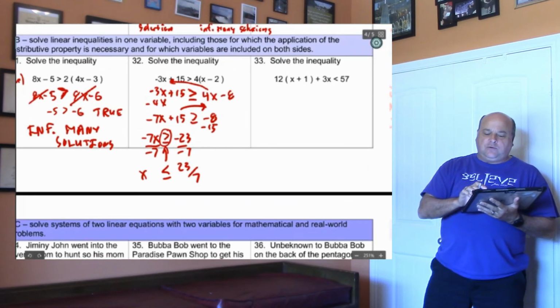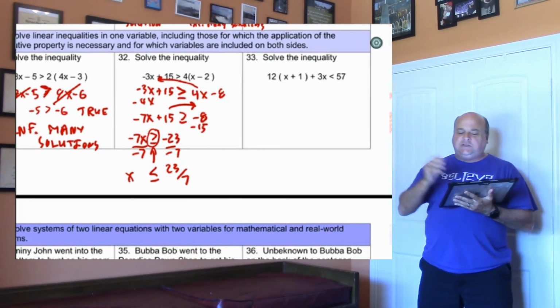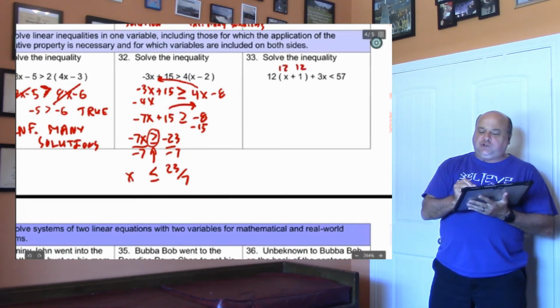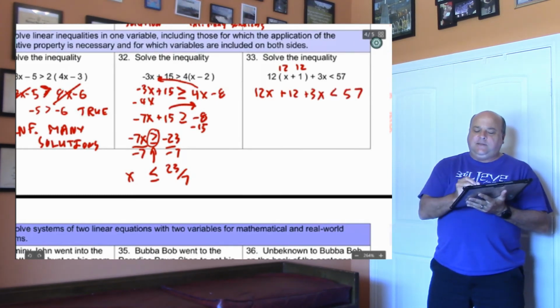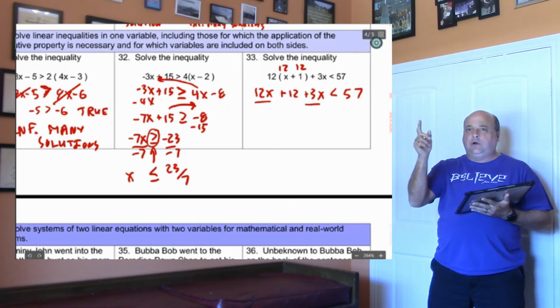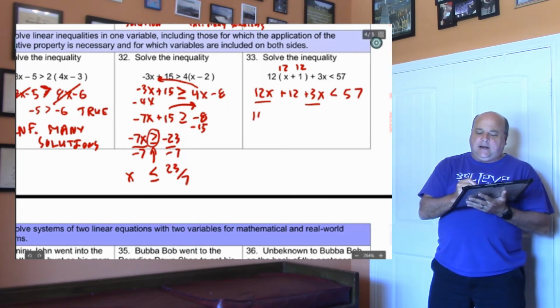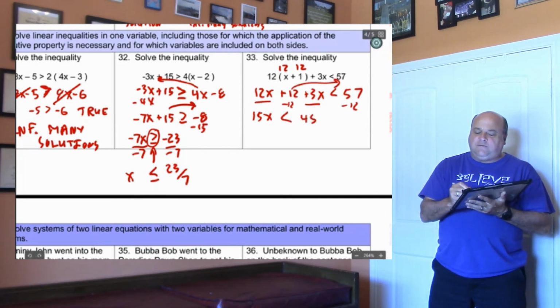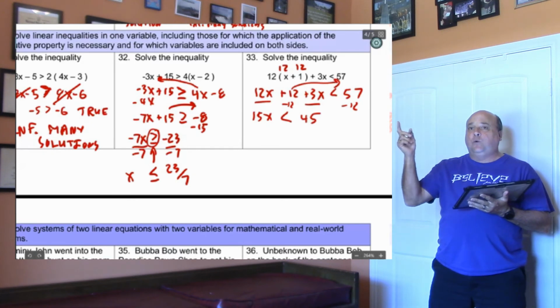Let's do number 33, and we'll do this by hand because it's pretty simple. The first step is to distribute the 12. So I'm going to get 12x plus 12 plus 3x less than 57. Now I'm going to group my x's. The x's are on the same side, so I add them up, 15x, move the 12 across, and I get 15x less than 45.